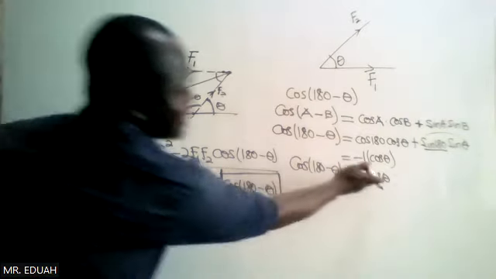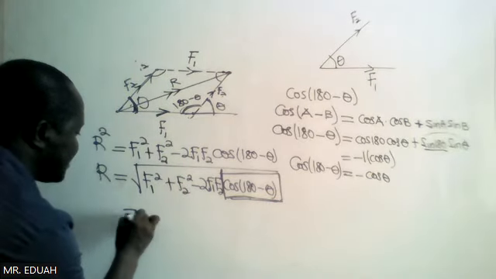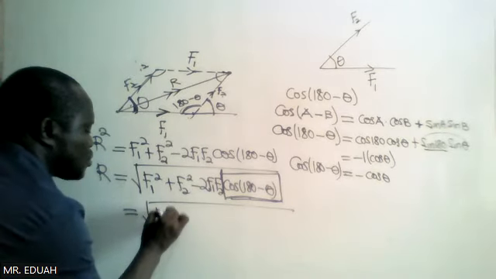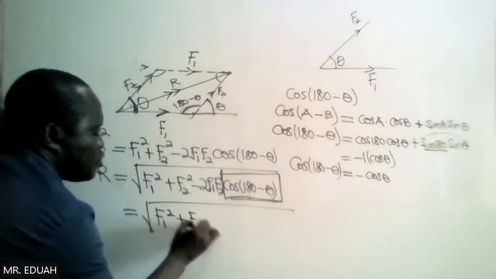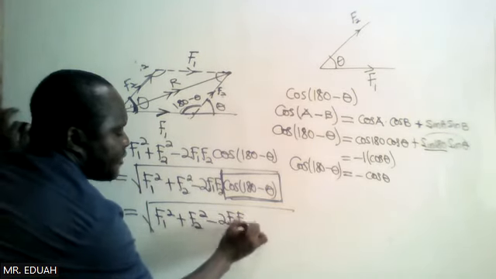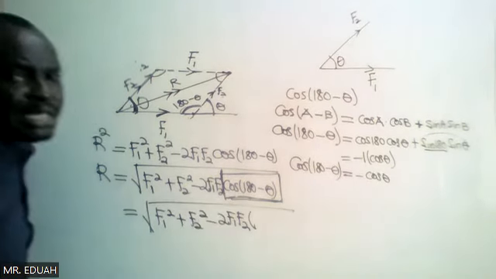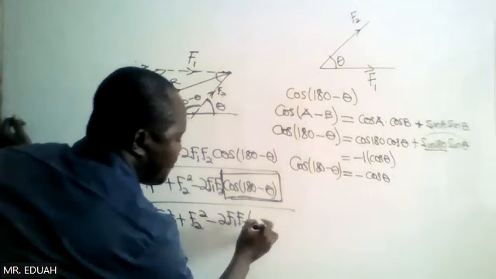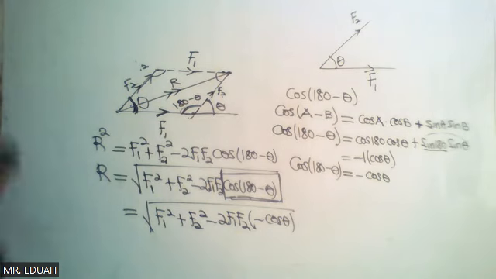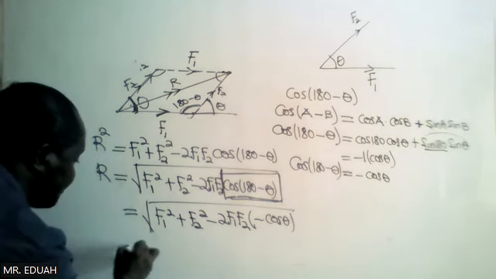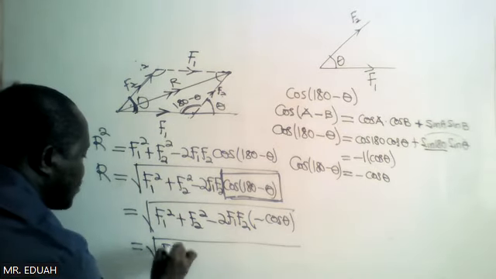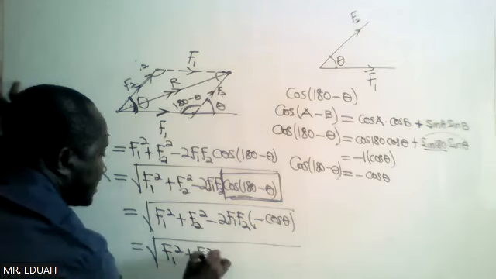So in place of this, I can substitute that to write this as square root of F1 squared plus F2 squared minus 2F1 times F2, and because cos 180 minus theta is equal to negative cos theta, I substitute that into it. So I have F1 squared plus F2 squared.